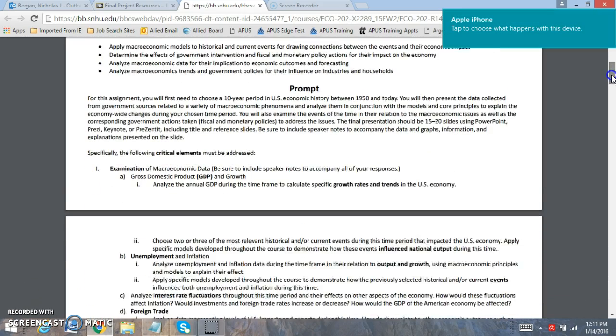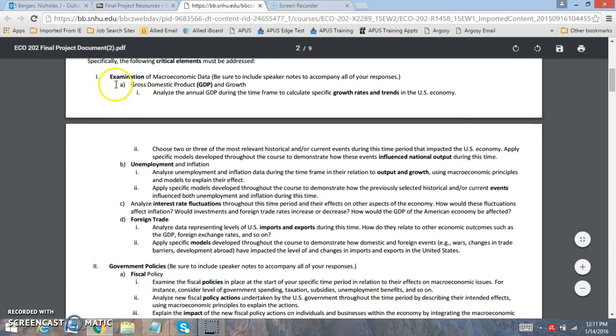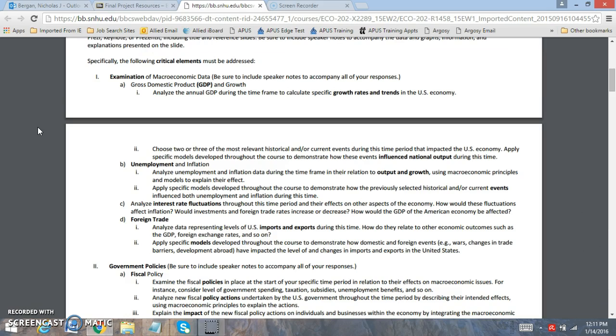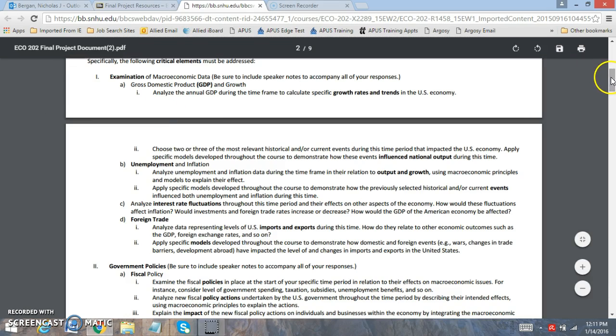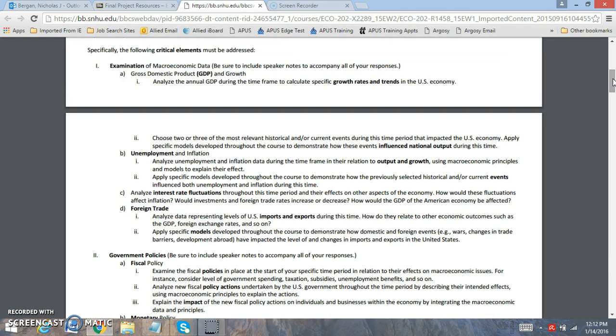So let's look at what we're focusing on for this project. You're going to be looking at the critical elements, and the information in the critical elements should be in the detailed speaker notes. That's the important part. So you're looking at examination of GDP, unemployment, interest rate fluctuations, and foreign trade.